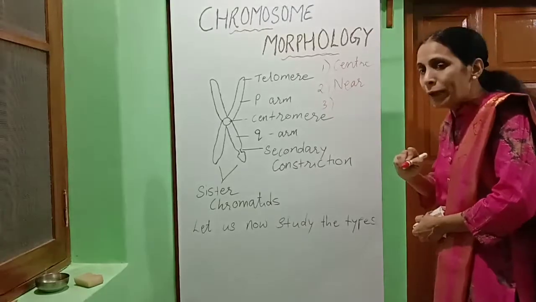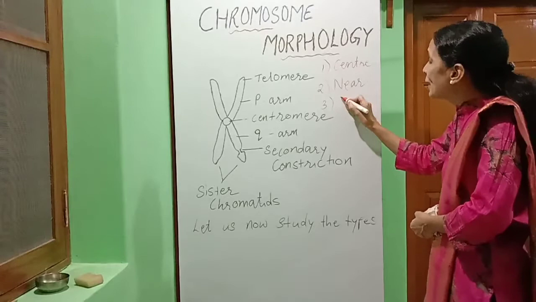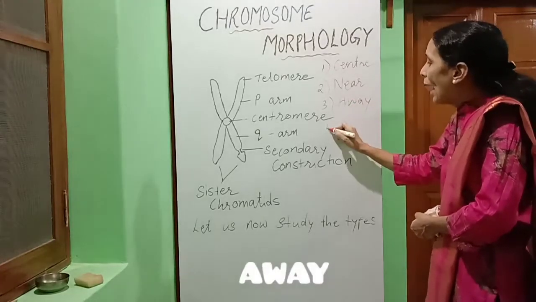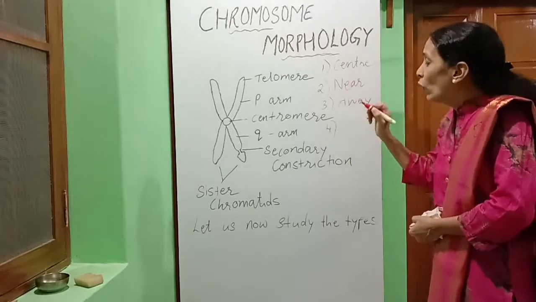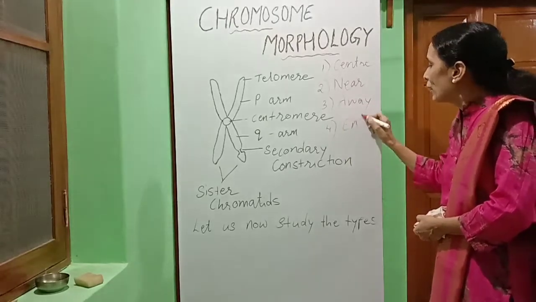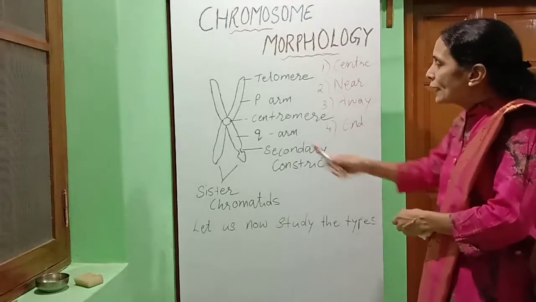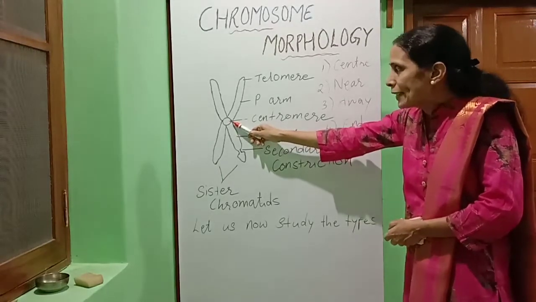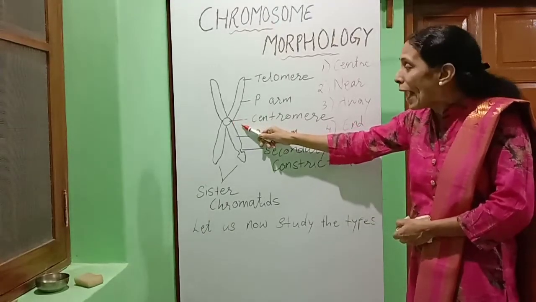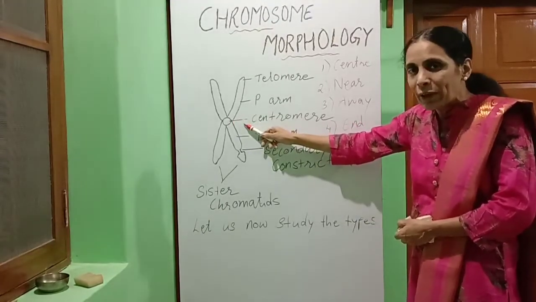And the third, when it is a little away from the center. And number 4 will be at the end. So, when the centromere is at the center, the chromosome is called metacentric.